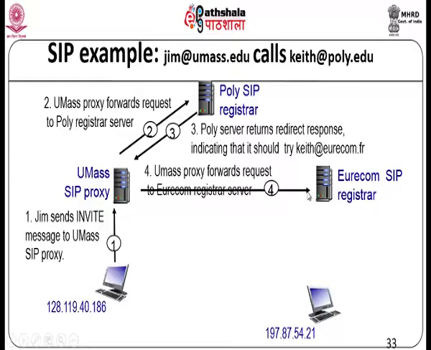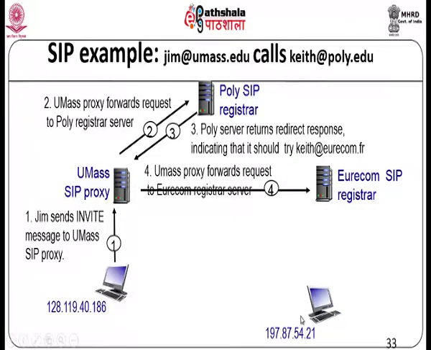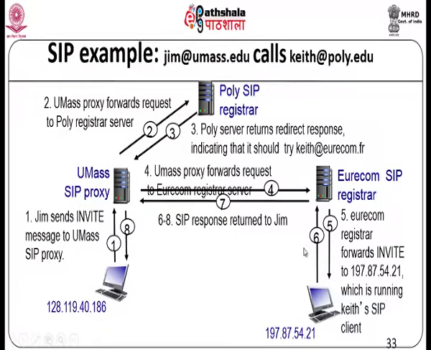When this registrar receives it, our callee, Keith, has already registered with this Eurocom server, the registrar. So the Eurocom registrar knows the address of Keith. The Eurocom registrar will now forward this invite message to the particular IP address which is running Keith's SIP client. Now this client will respond with a response message, which will be forwarded by this registrar back to the proxy, and the proxy will forward it to the caller Jim.